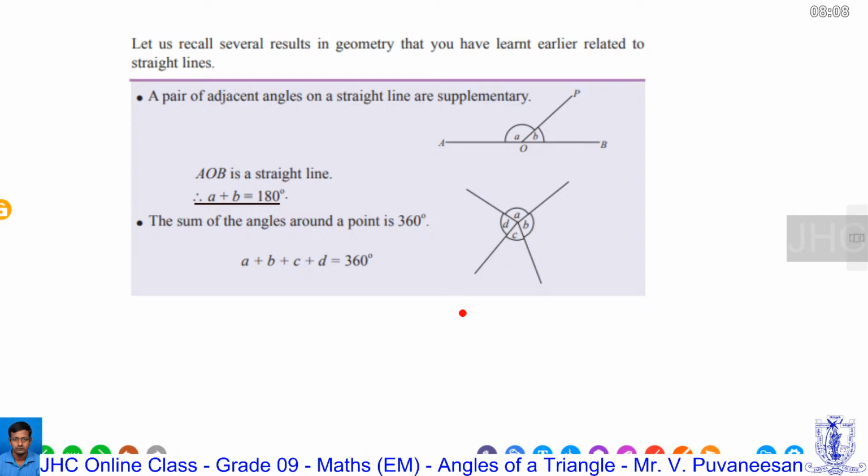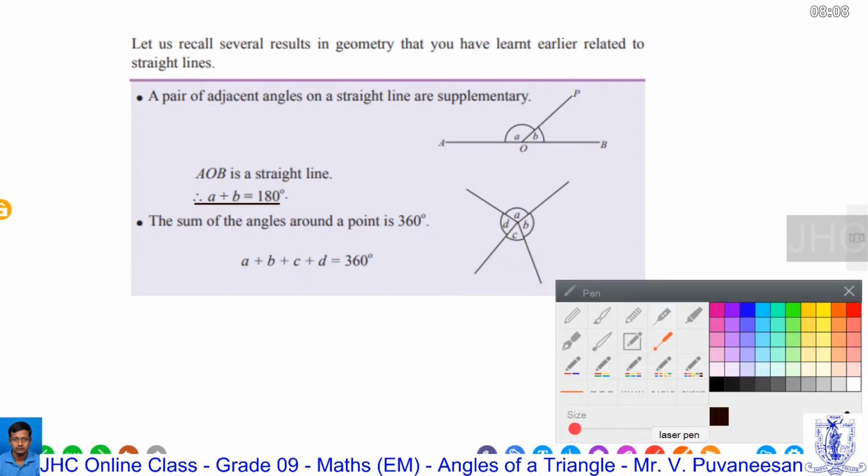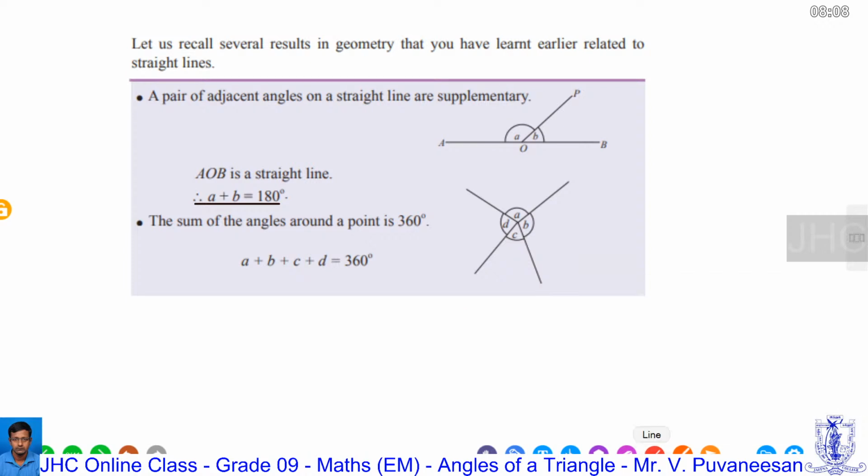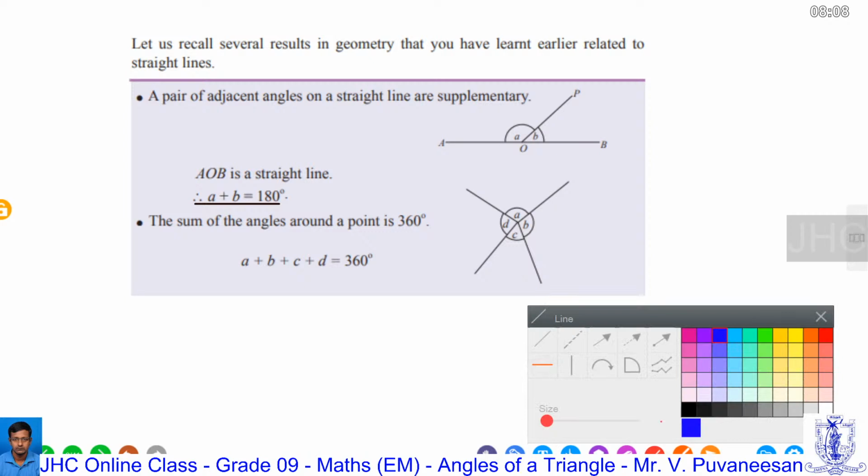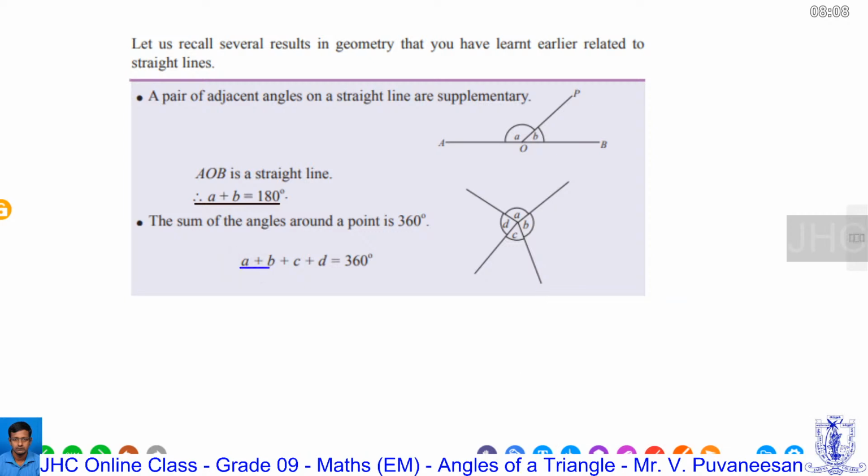So A plus B plus C plus D equals 360 degrees. We can use this knowledge in the questions. Okay, next.